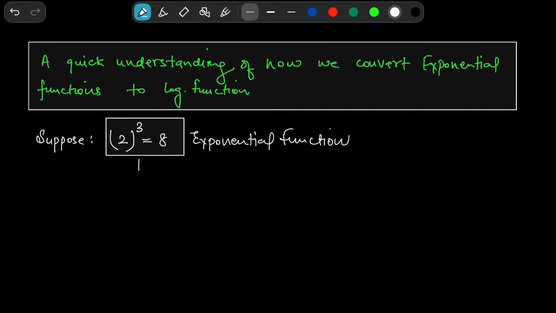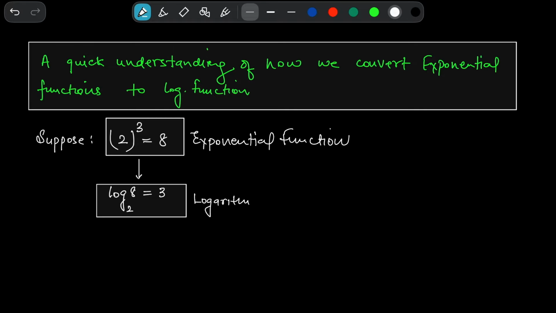Yes, so now we will convert this exponential function to a logarithmic function. So I will write it as log of 8 with base 2 gives you 3. So here I have converted a simple exponential function to a logarithmic function.